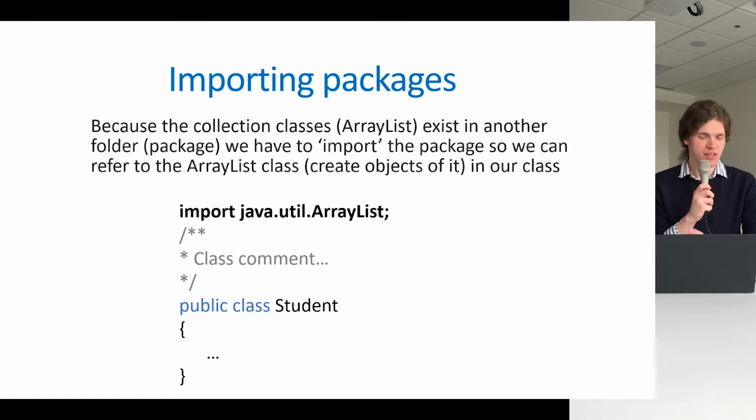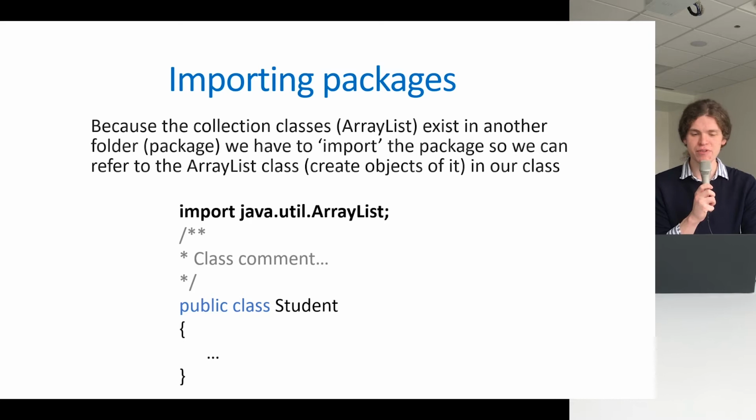So the ArrayList, alongside other collections classes, are contained within the util folder, which sits within the Java folder. So as it's nested quite deep, we need to provide an explicit reference to it. We need to tell our code that we want to refer to it, so we import the class so that we can create objects of the ArrayList within the class that we are importing it.